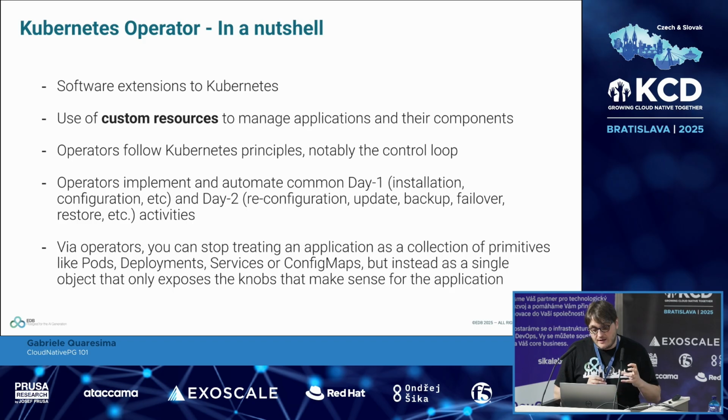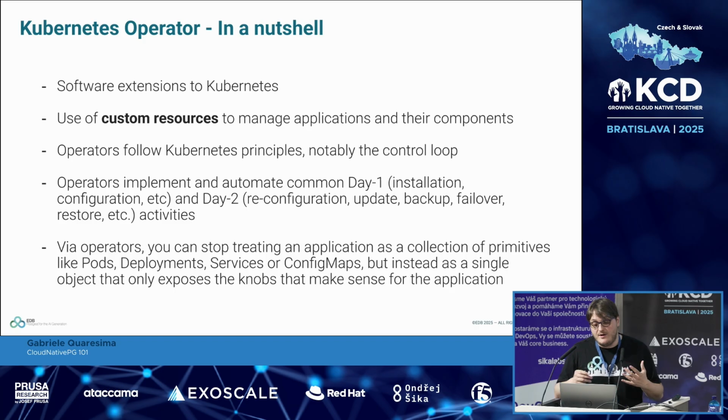So in a nutshell, Kubernetes operators are software extensions to Kubernetes. You extend Kubernetes, so you use custom resources to manage your own application. The Postgres cluster will be our CRD, custom resource definition.